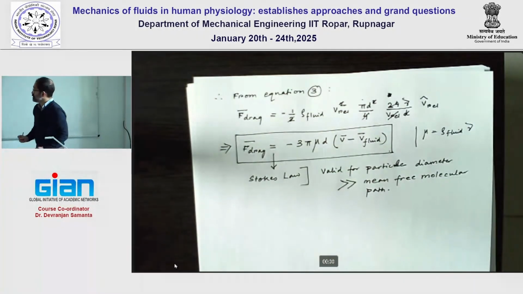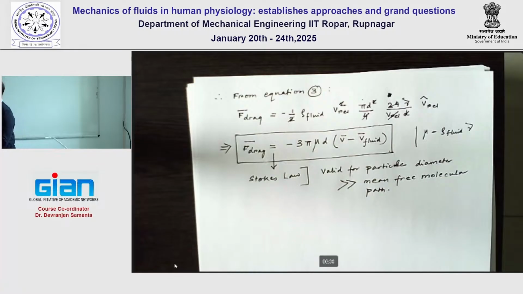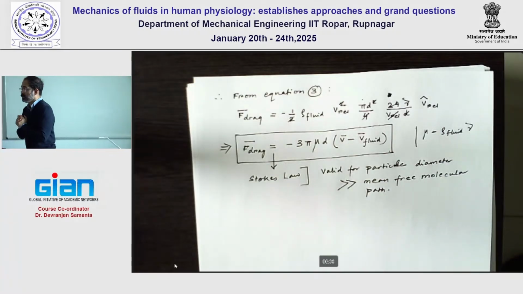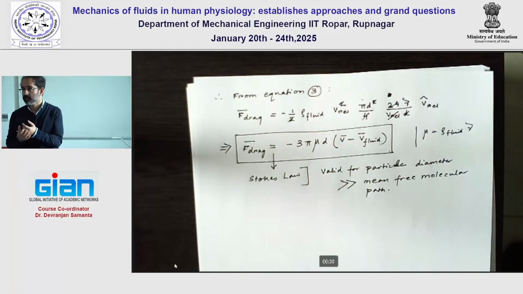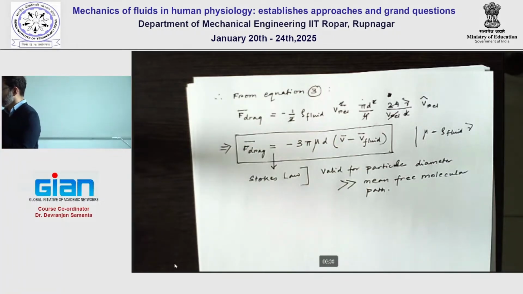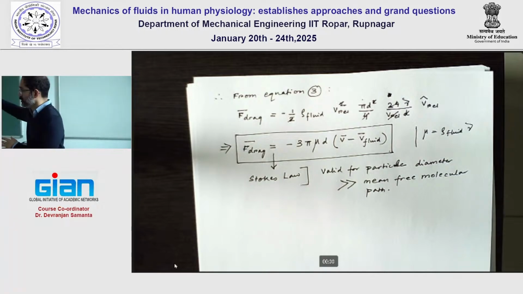So in air, that mean free molecular path, anyone wants to take a guess how small that could be? It is 0.067 micron. So when I said 0.1 micron is probably the smallest particle that we typically need to consider, we can still have this assumption true.